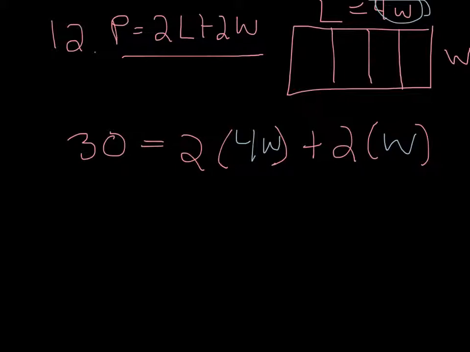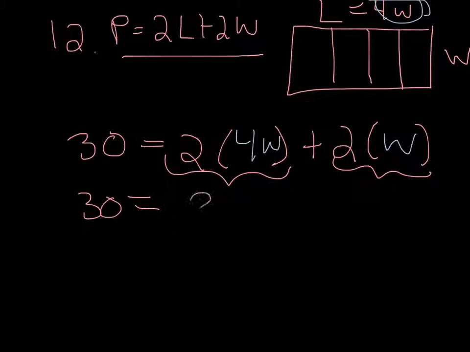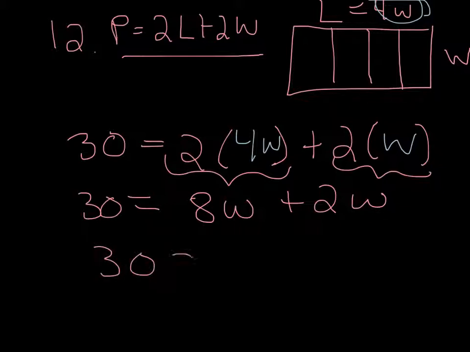So let's do PEMDAS. PEMDAS says we need to do our multiplication before our addition. And this time we're doing 2 times 4W, which is 8W, plus 2W. So 8 widths plus 2 widths equals 10 widths.